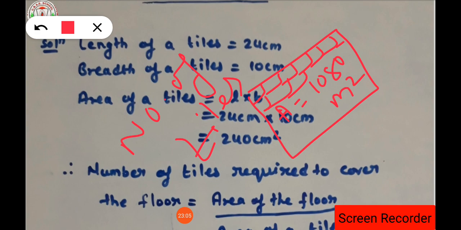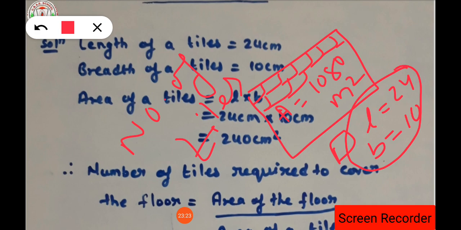So the area of the floor is 1080 meter square, which is already given. One of the tiles has a length of 24 and a breadth of 10 centimeter. Now how many tiles will be required to cover this area?